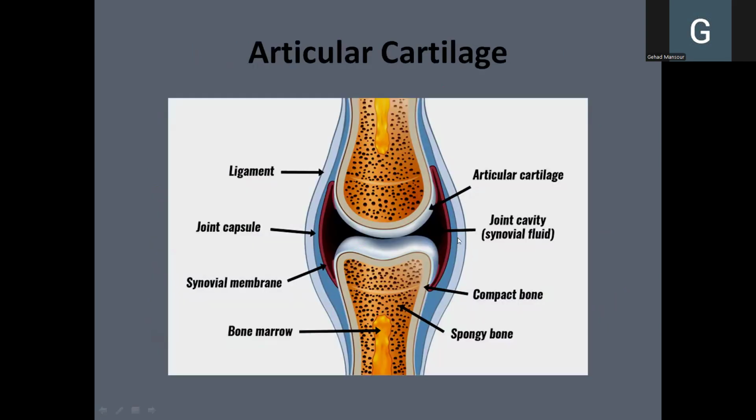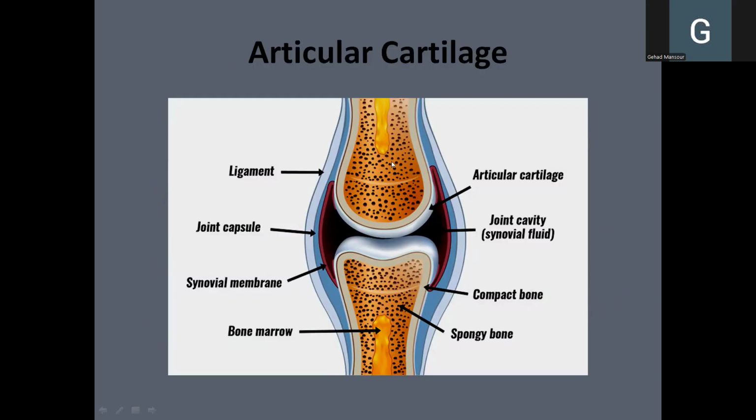is cartilaginous. Here you can see a cartilaginous joint, for example, the knee joint. So you can see the epiphysis of that upper bone and the epiphysis of the lower one, maybe the femur, but the femur has condyles here.